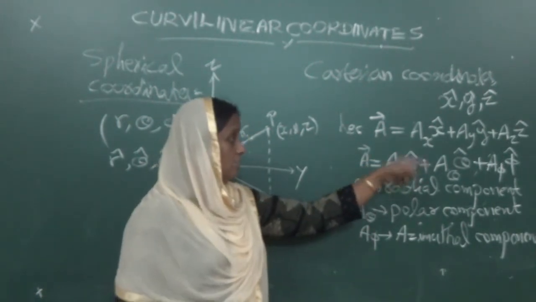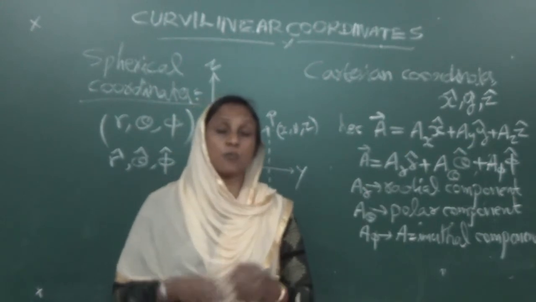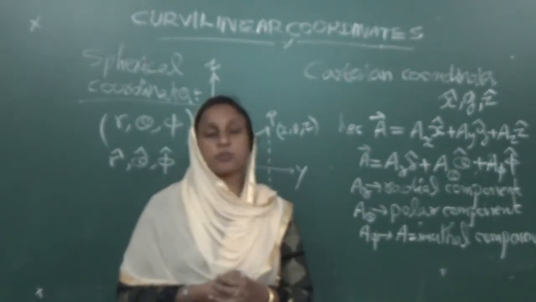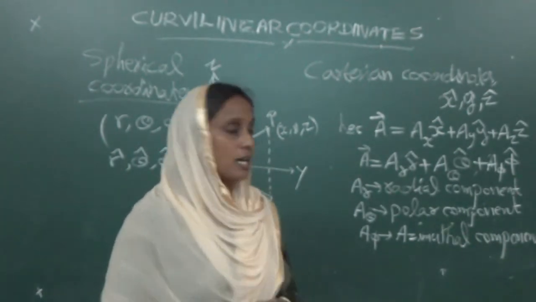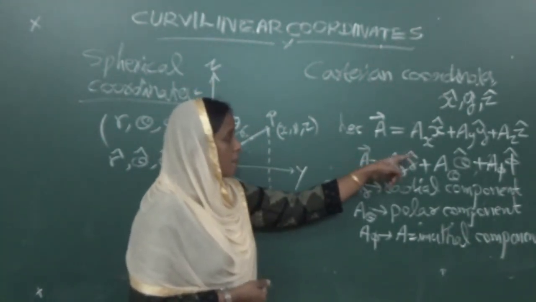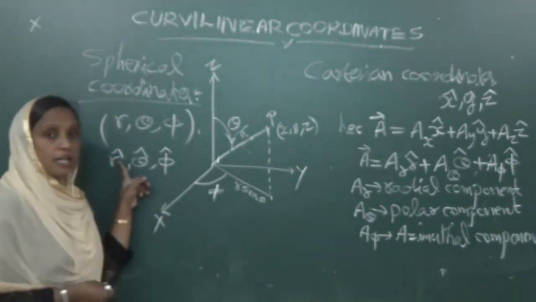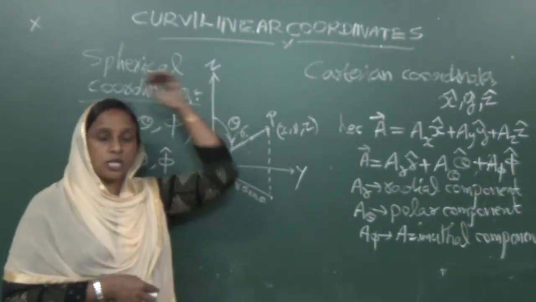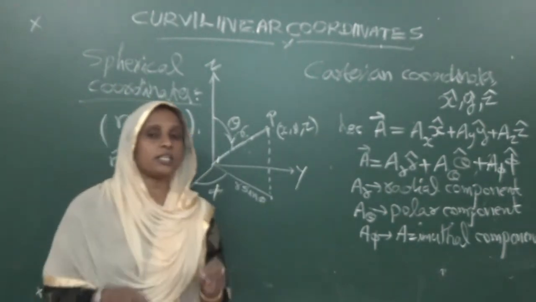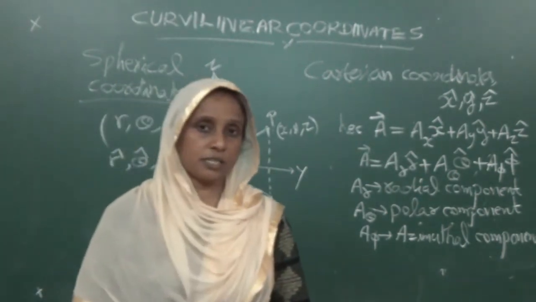These r cap, theta cap and phi cap are mutually perpendicular. Spherical coordinate system is orthogonal. Okay, that means r cap points along the radial direction. Each unit vector points along the direction where its variable increases.